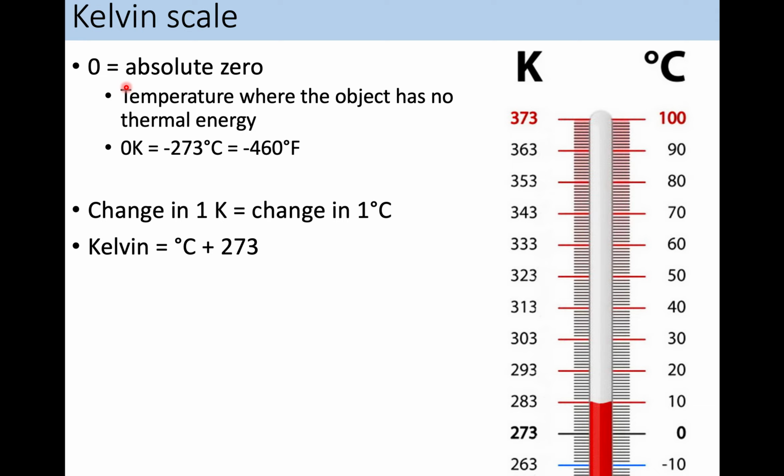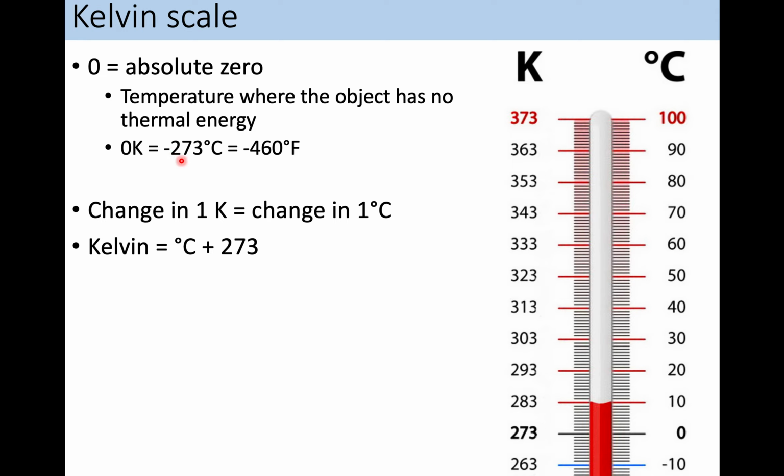Now, the cool thing about the Kelvin and the Celsius scale is that the scaling is the same, it's just offset. A change of 1 degree Kelvin is the same as a change of 1 degree Celsius. So if 0 Kelvin is equal to negative 273 Celsius, then 1 Kelvin is equal to negative 272 Celsius.